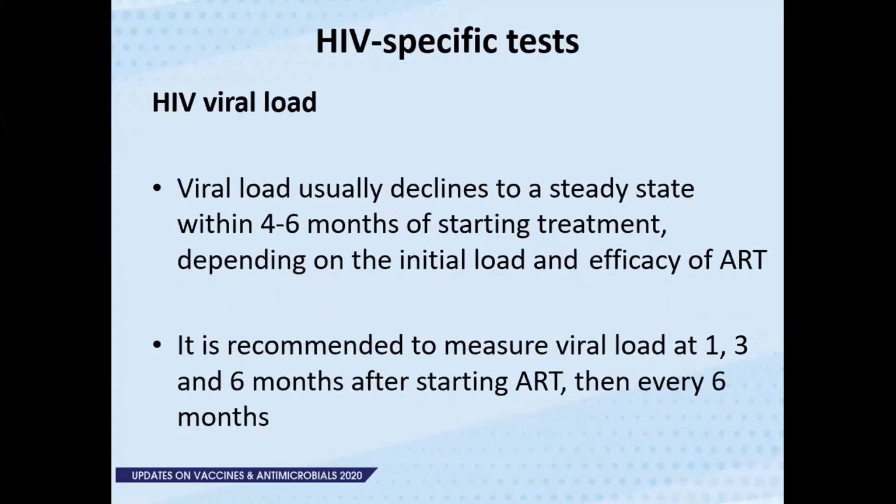It is an HIV specific test that will help you to monitor the response to ART, antiretroviral therapy. Usually the viral load will decline steadily until the 4th or 6th month. It will become undetectable if the treatment is successful. This actually depends on the initial load, and it also depends on the ART regimen that you are using.